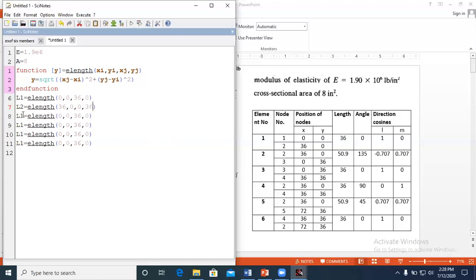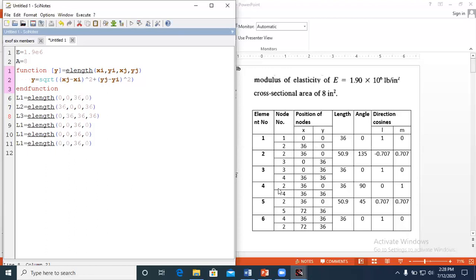Next L3 is for L3 0, 36 and coordinates of node number 4 are 36.